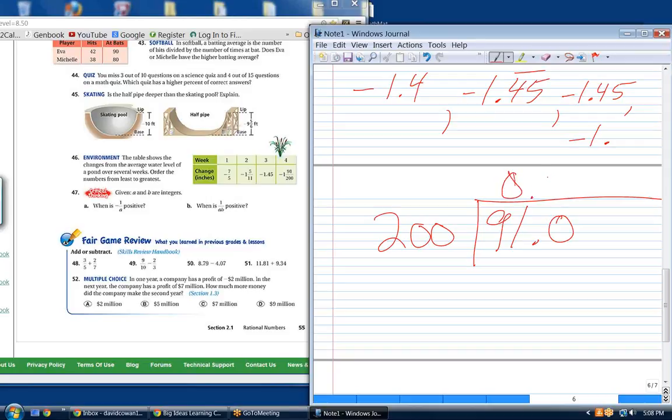What's the first digit? 0, and then another 0. 0.4, and then 4. 200 goes into 1100 how many times?